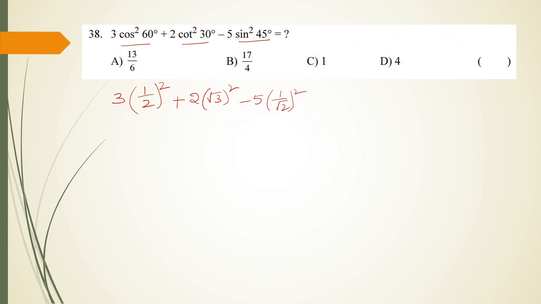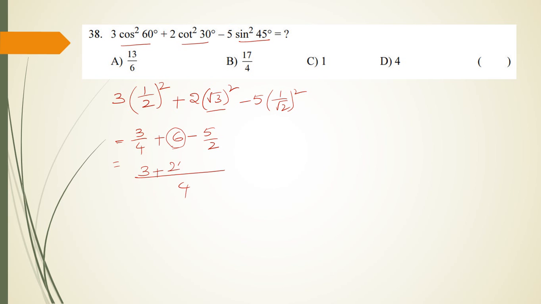Now from this what am I going to get? 3 by 4 plus root 3 whole square is 3, 2 3s are 6, minus 5 by 2. Next, if you observe the LCM, the LCM is 4. So to get that 4, what should I do? This is 4, so already 4 is there, so 3 plus, since we don't have 4 here, we need to multiply and divide with 4.